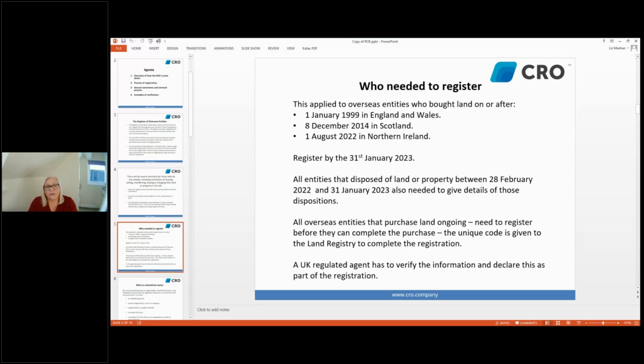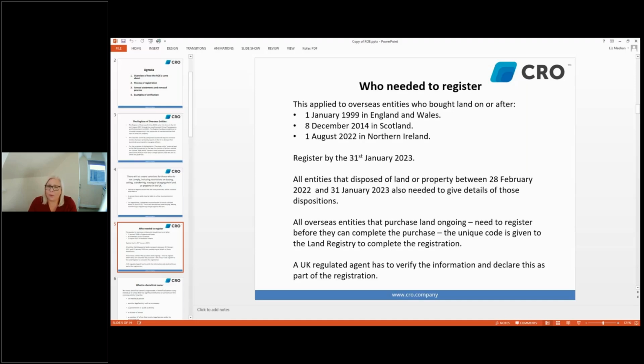So as part of the registration, a UK regulated agent would also need to verify all the information before the registration could take place. Now, this is the first time that we've seen this type of verification on a UK registry.